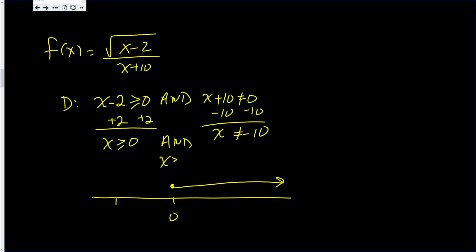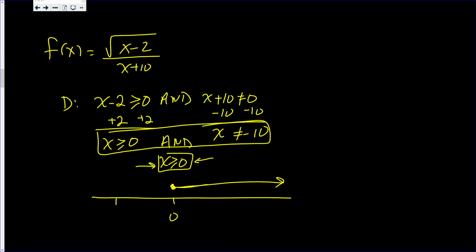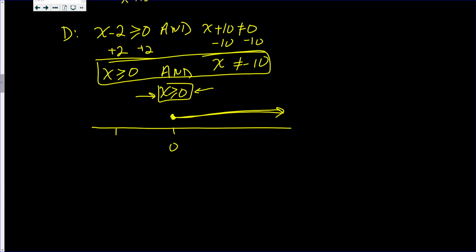So we can just say x is bigger than or equal to 0. This here is the same as this one. Here it is on a number line. Interval notation, we can go from 0 to infinity.